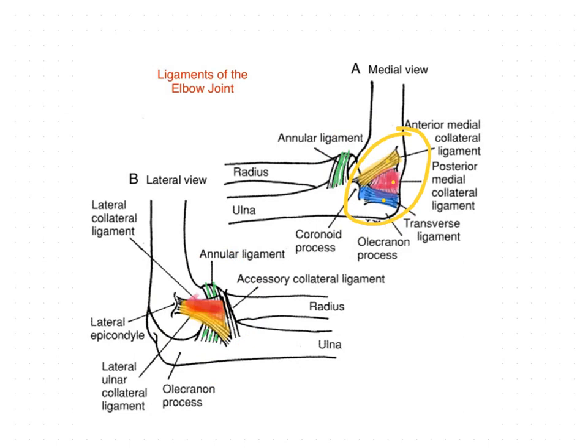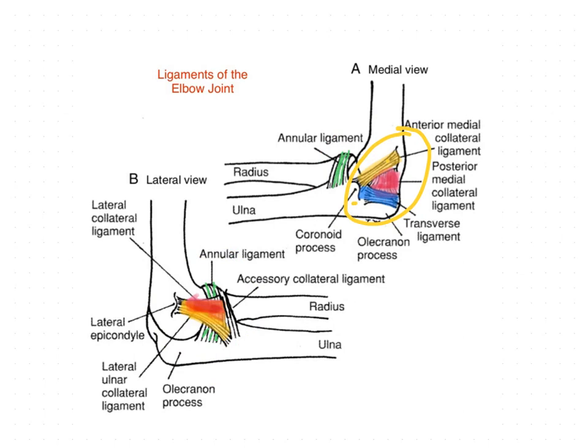Now the anterior part stretches from the medial epicondyle, this one here, to a tubercle on the medial margin of the coronoid process of the ulna.